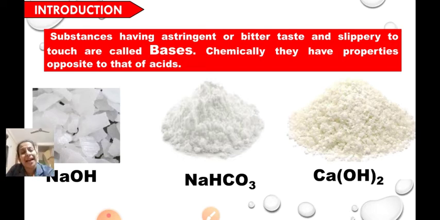So these are all acids, whereas sodium hydroxide, sodium bicarbonate, calcium hydroxide, magnesium hydroxide, potassium hydroxide, all these are called bases. And the chemical properties of bases are just the opposite of that of the acids. Whatever chemical properties are there, they show different, ulta properties. That is why we are studying acids separately and bases separately.